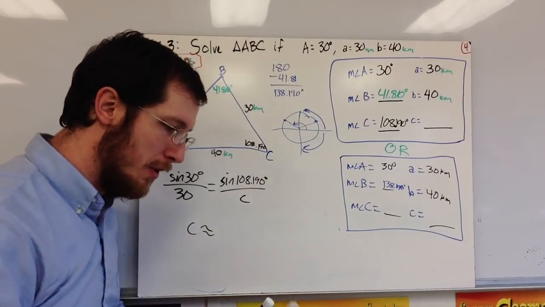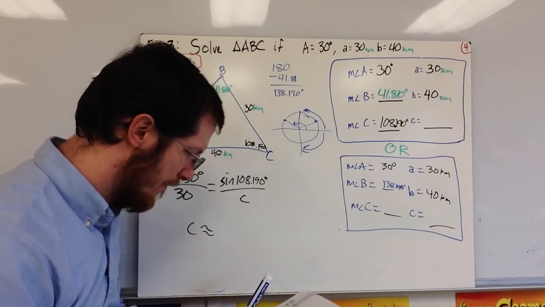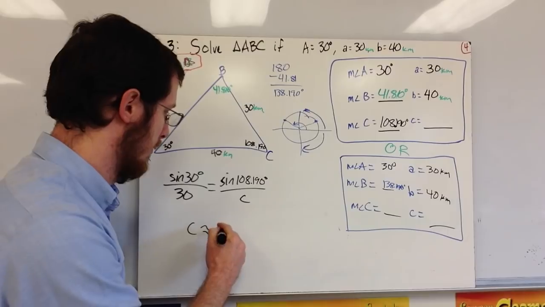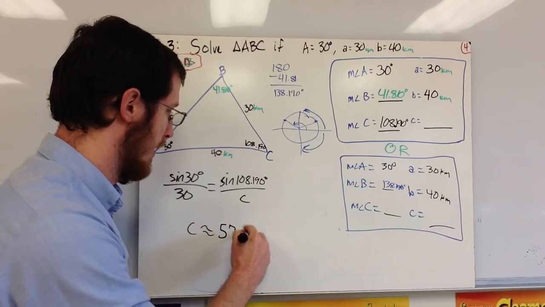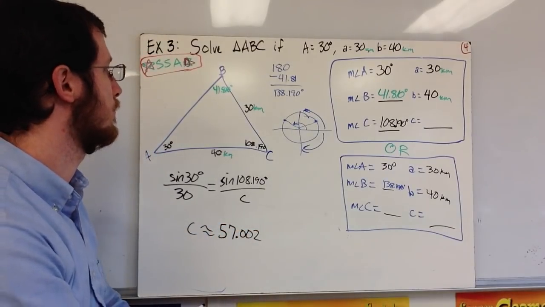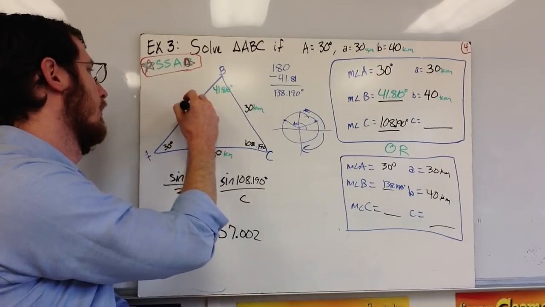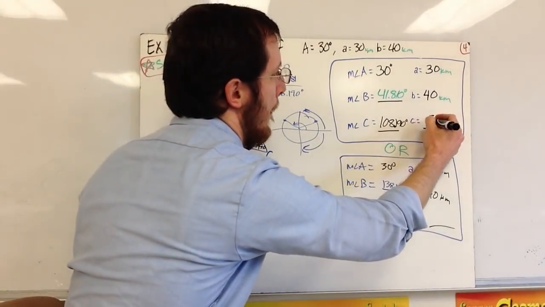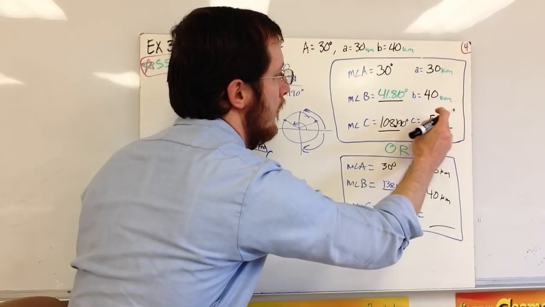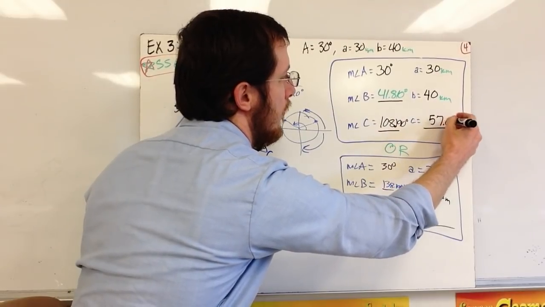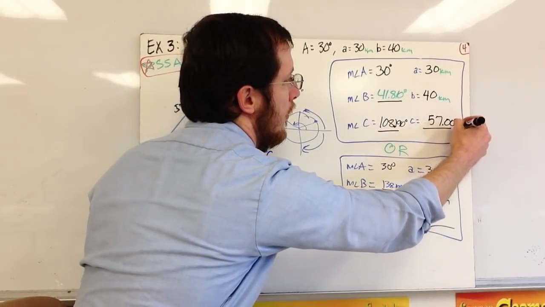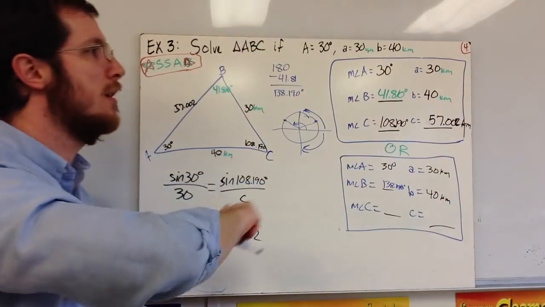Okay, so doing the algebra, putting that in our calculator, we should get 57.2. Okay, so that wraps up the first solution.